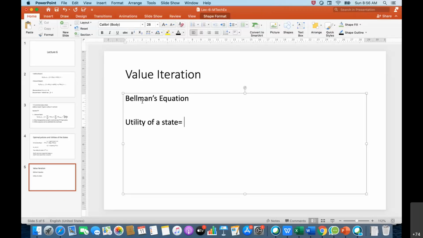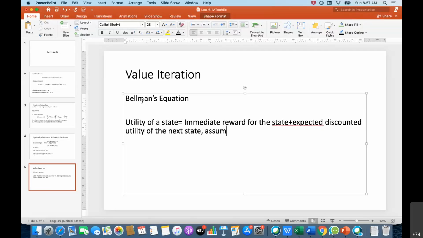According to Bellman's equation, the utility of a state is the immediate reward for the state, plus the expected discounted utility of the next state, assuming the agent will select the optimal action.